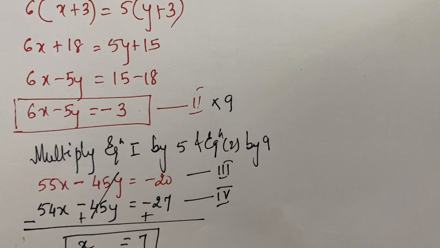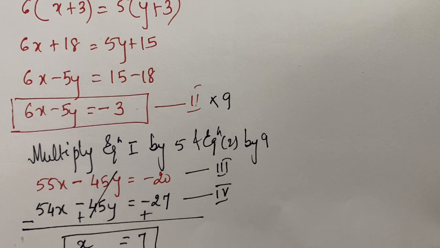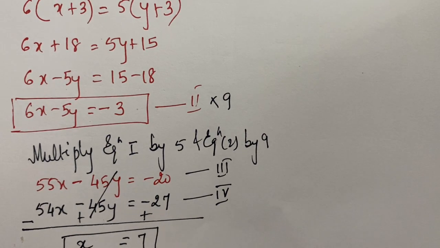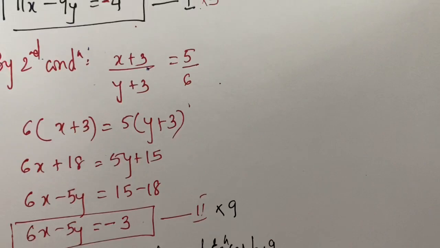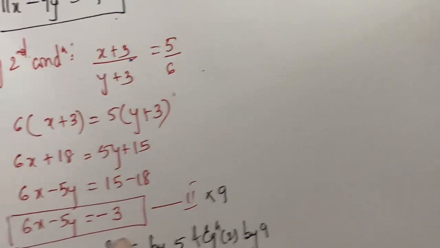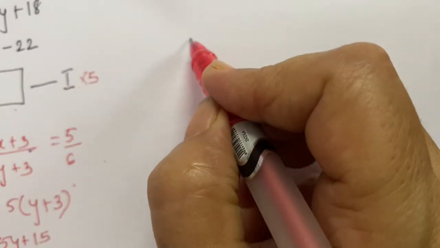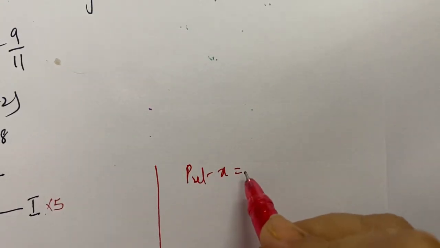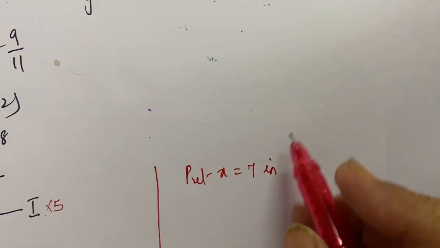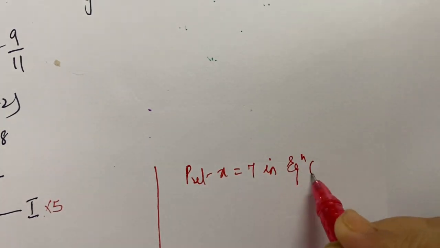So your value of x is 7. Numerator is 7. Let us put the value of x in equation 2. In this equation we will put, in equation 2 we will put the value of x. So we write here, put x is equal to 7 in equation 2.